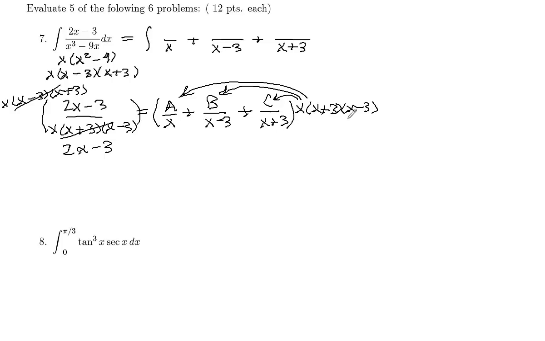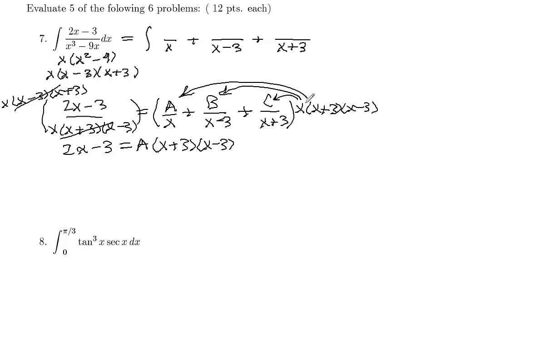So when we multiply this in times the a over x, then this x is going to cancel with that x. So we're going to have the a left on top. So it's equal a times x plus 3, x minus 3. And then when we multiply this whole thing in times the b, the x minus 3 is going to cancel this x minus 3.